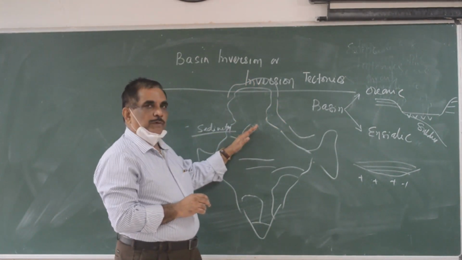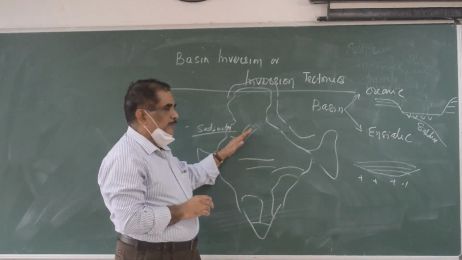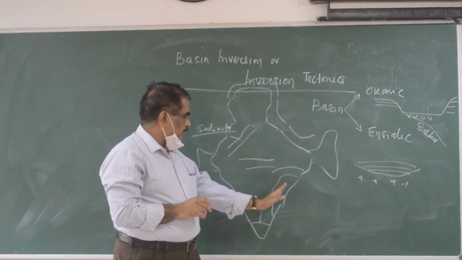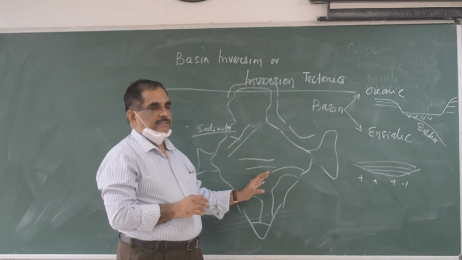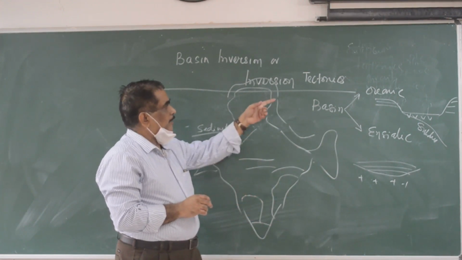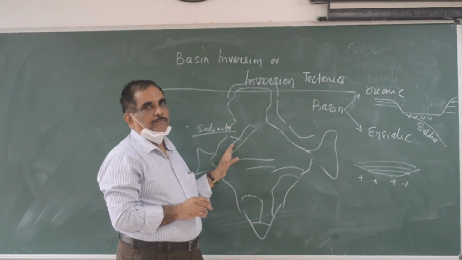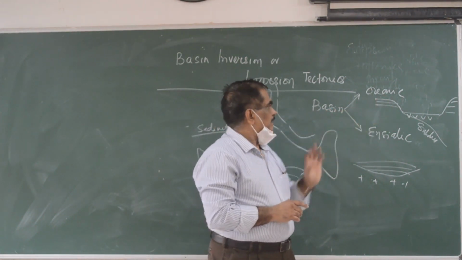Similarly, Aravalli mobile belt, an oceanic basin was existing here, sediments were deposited. Satpura mobile belt, Eastern Ghat mobile belt, Southern Granulite terrain, these are all oceanic basins where sediments were deposited. Later on, subduction happened and mountain belts were formed. So this is this category of basins.